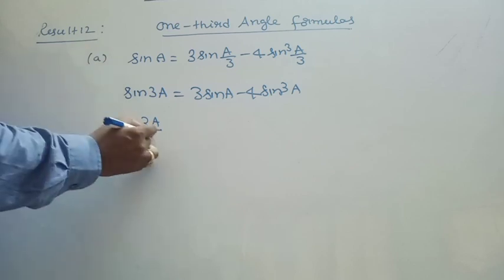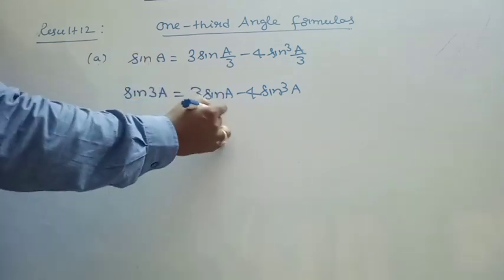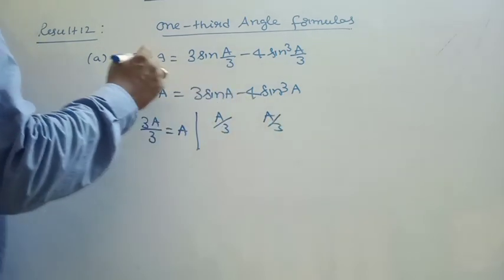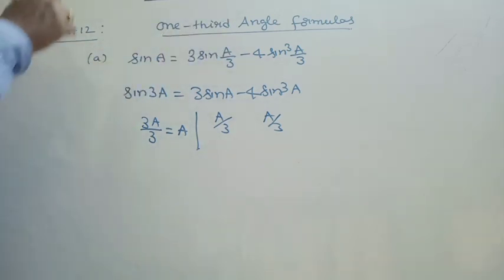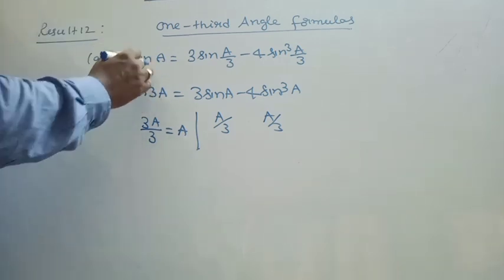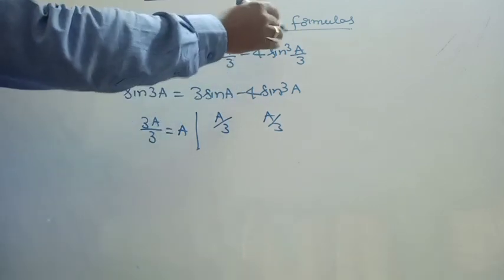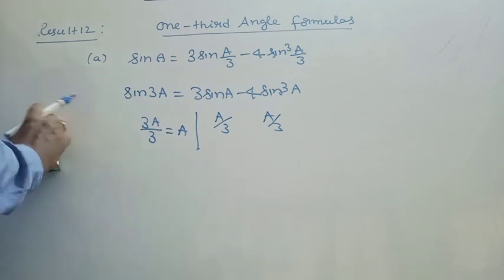So 3a by 3 equals a, that's why you take a here, and a by 3 on the other side. You have to take 1/3 of what is originally present. That's why sin a equals 3 sin a by 3 minus 4 sin cube a by 3.